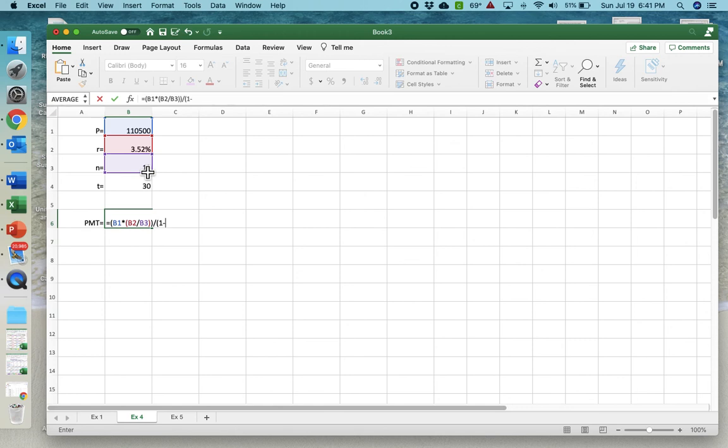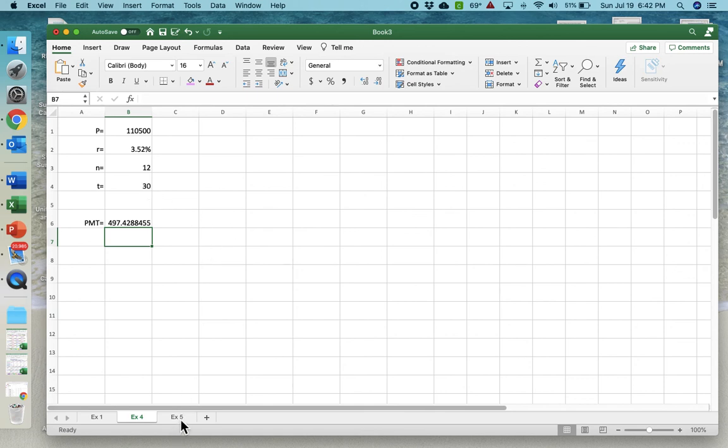So 1 minus, then the 1 plus R over N needs to be in parentheses. Then close the 1 plus R over N and raise that to negative N times T in parentheses. And close the bottom. And there we have the monthly payment.